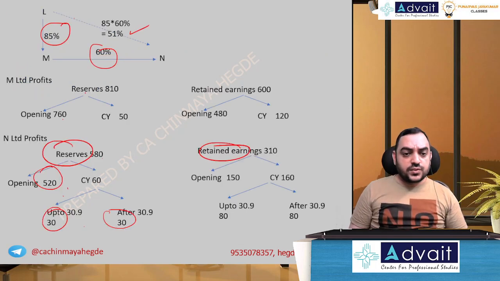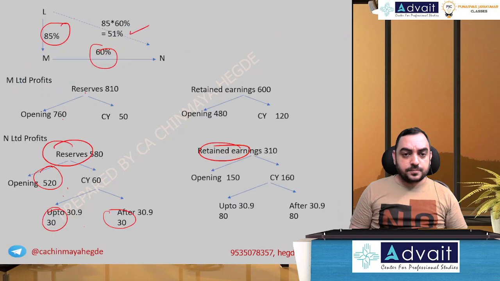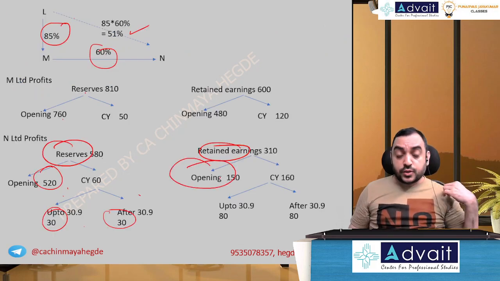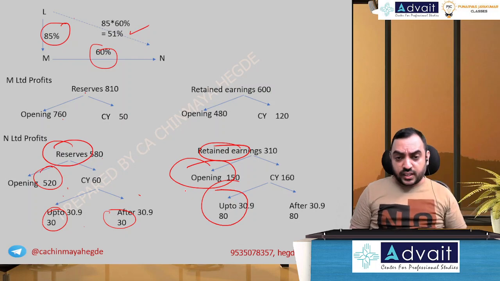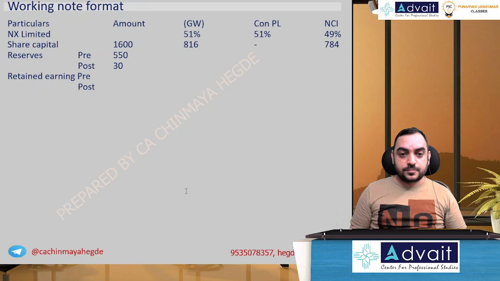Reserves is 520 and 30, 550. Post is 30. Retained earnings 150 and 80, that is 230 and 80.